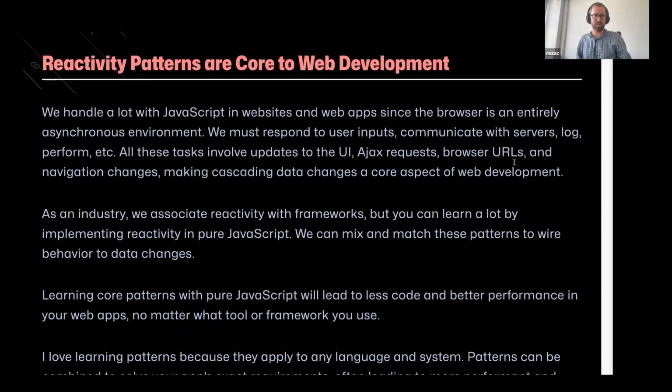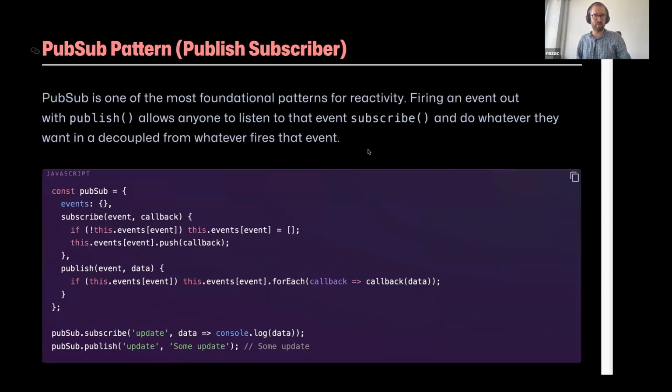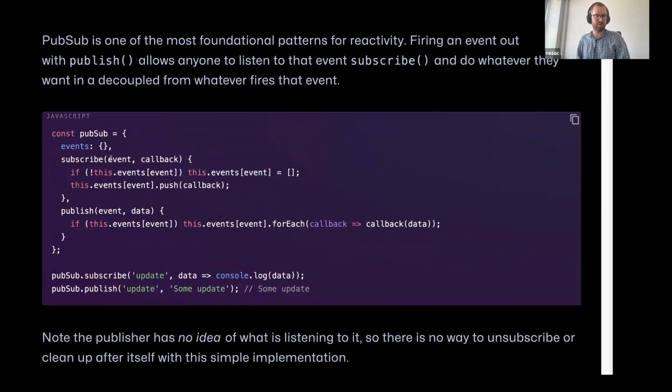And let's check the most known reactivity patterns. So we have PubSub, publish-subscribe, where the implementation is simply an object with subscribe and publish functions, and then some events which hold the subscriptions.